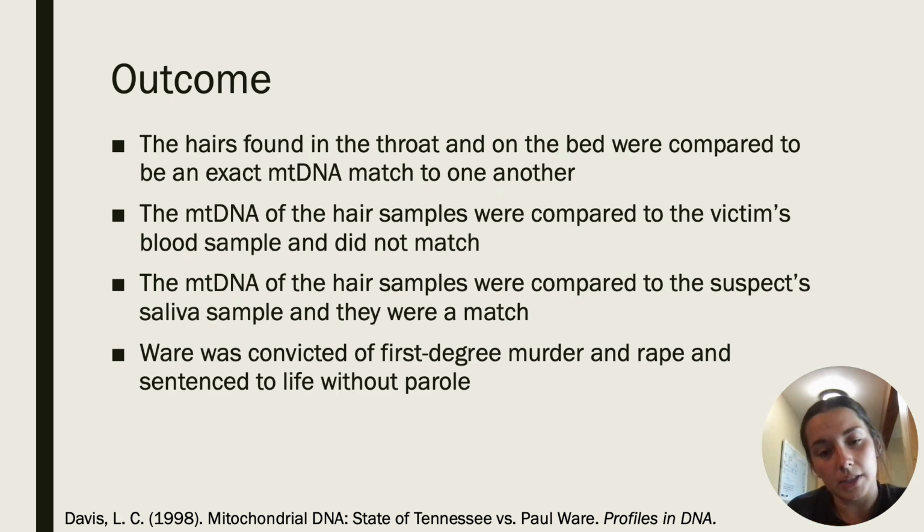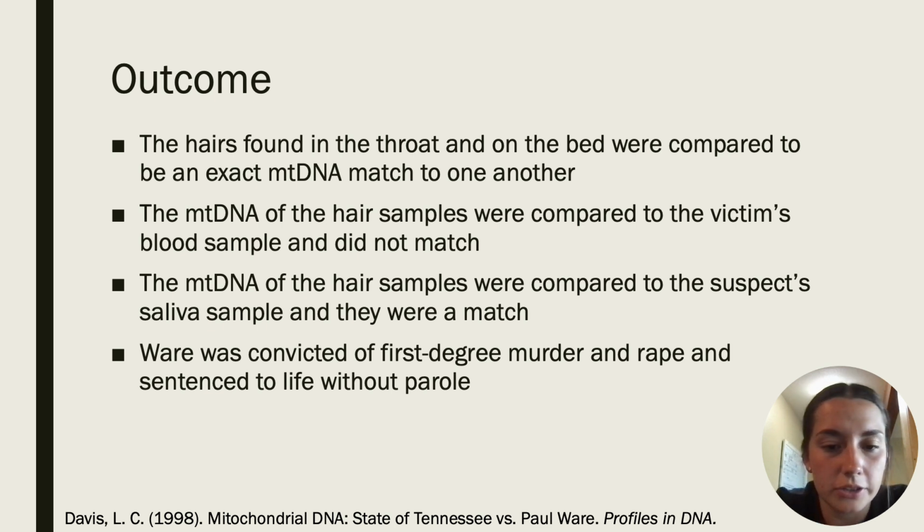So the outcome of the case: the hairs found in the throat and the bed, the mitochondrial DNA was extracted and compared to one another, and they were found to be an exact match. So the hairs matched up and were from the same person. Then the mitochondrial DNA of these hair samples was compared to the victim's blood sample, and they did not match the 4-year-old girl's blood sample.